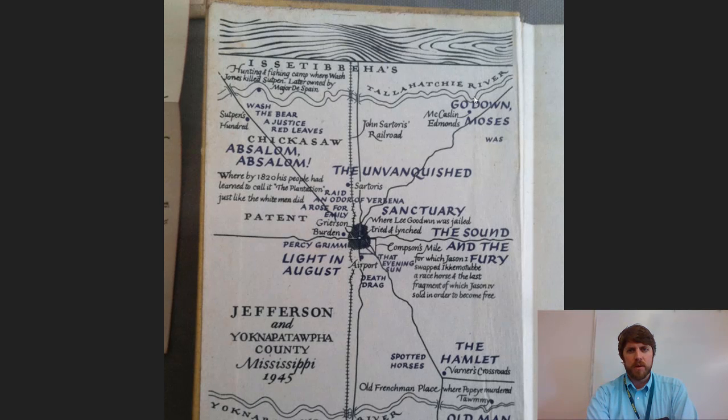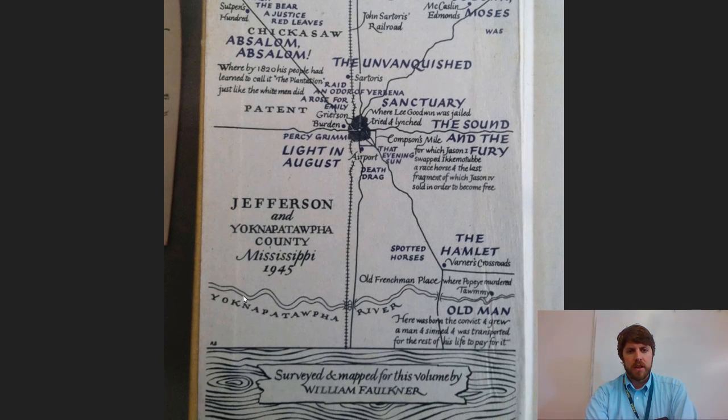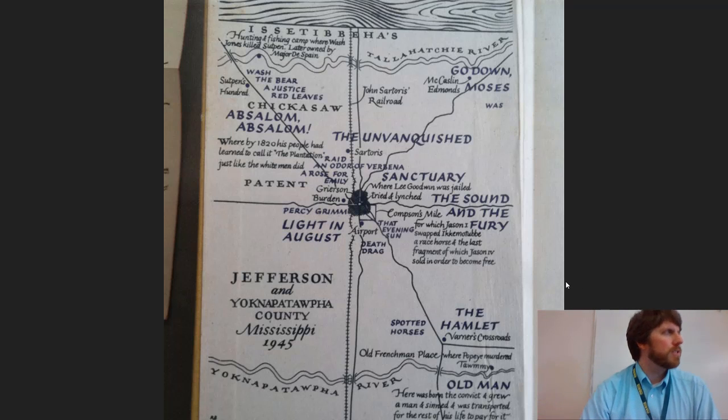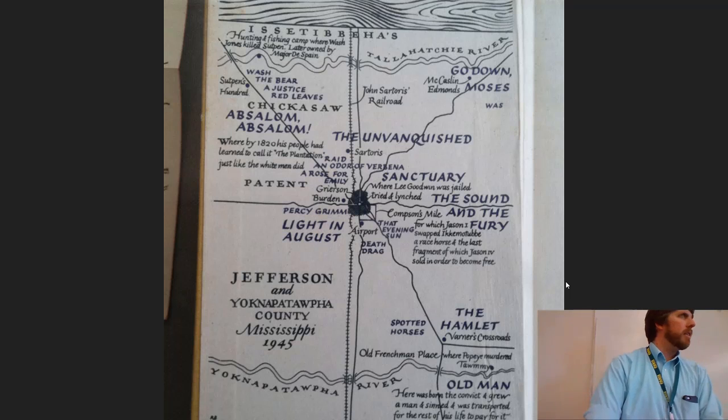There's the Tallahatchie River that was prominent and then the Yoknapatawpha River. This is Jefferson, the main city, and you can notice very close to Jefferson is where the story takes place. So this is Jefferson and Yoknapatawpha County, Mississippi, 1945. The county doesn't actually exist. It's not a real county. He made it up for his stories.